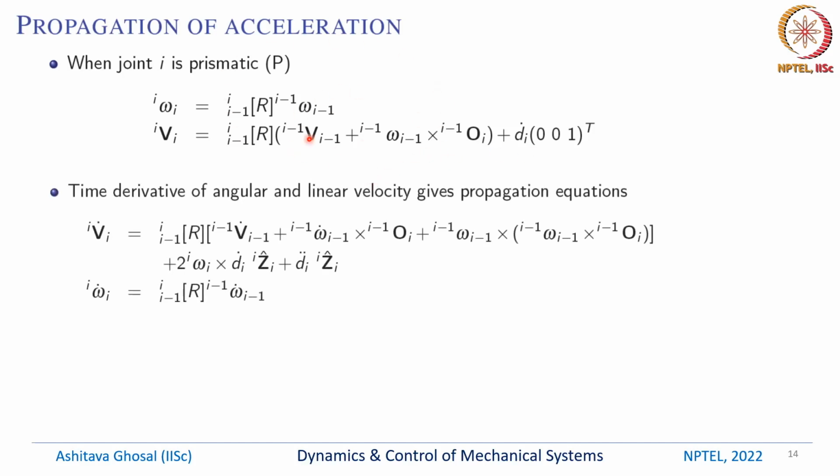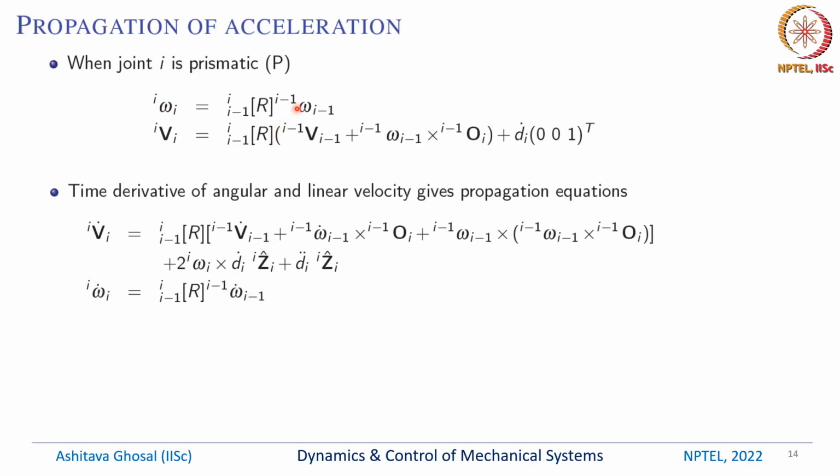If you take the derivative of both these equations, let's start with the simple one. If I take the derivative of the angular velocity equation, we can see that the angular acceleration is the same as the previous one.